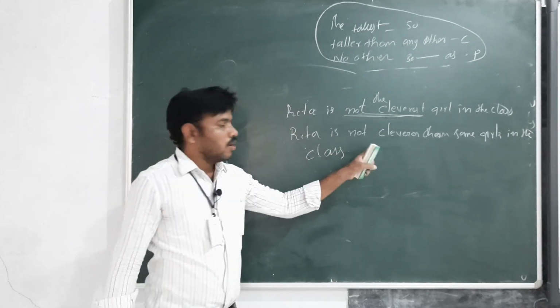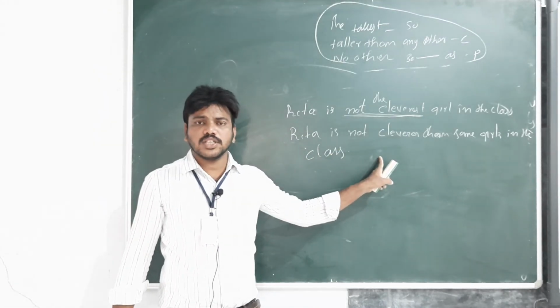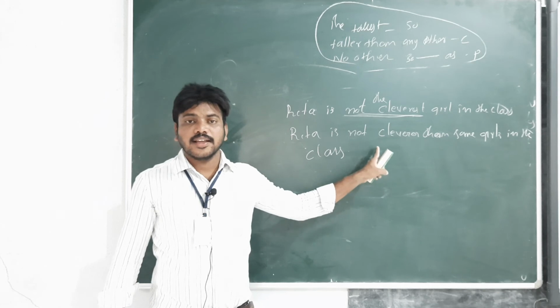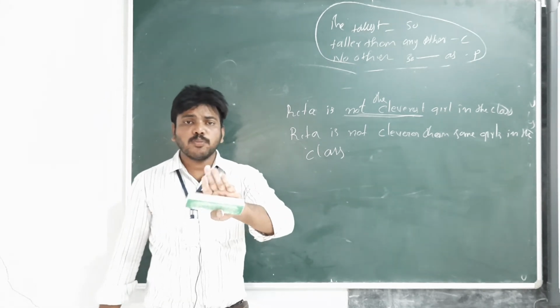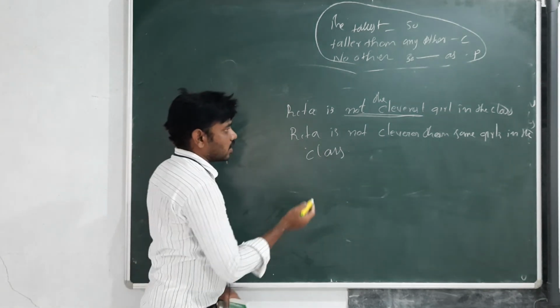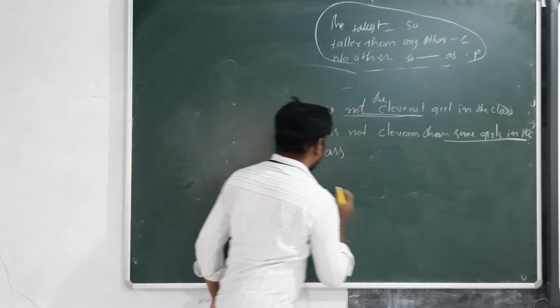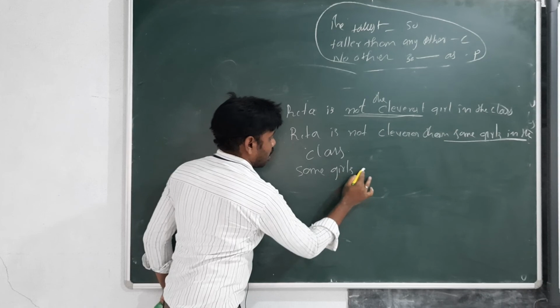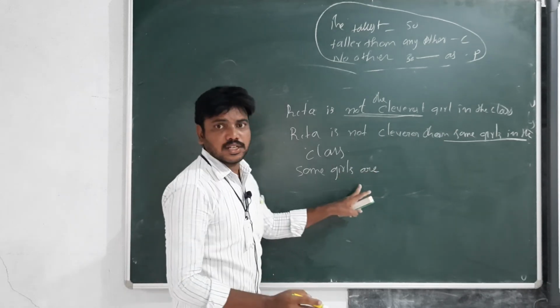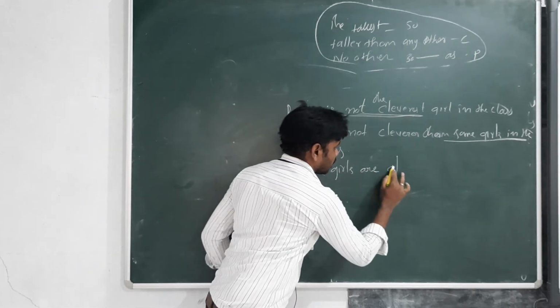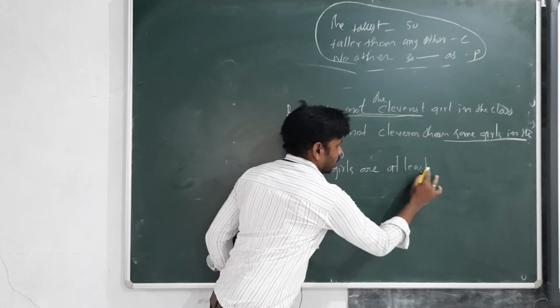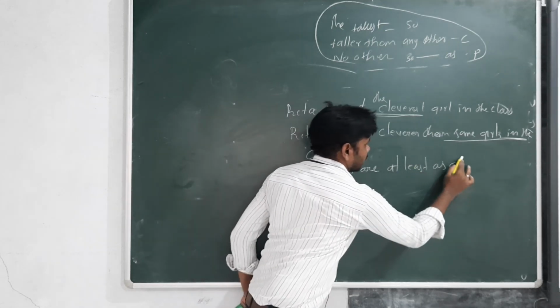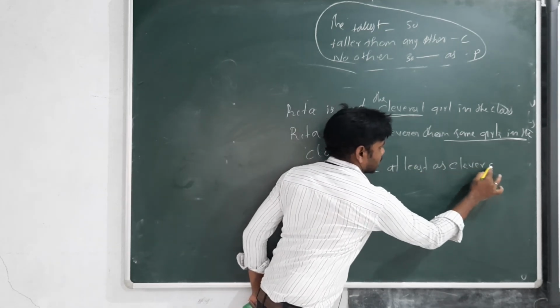This is a comparative sentence, comparative degree. Now let us see how to write in positive degree. Some girls are at least as clever as Rita.